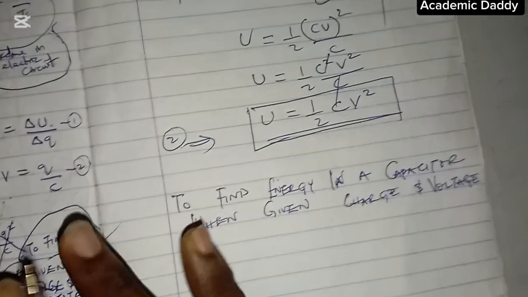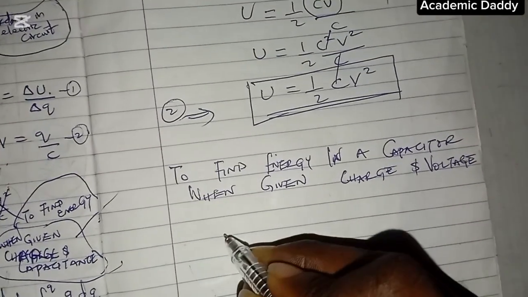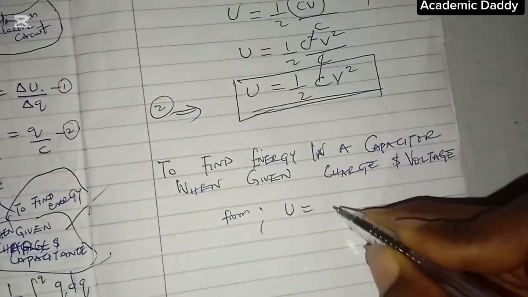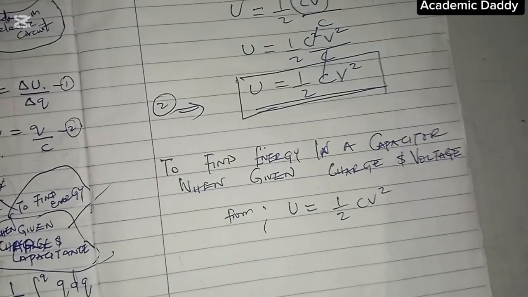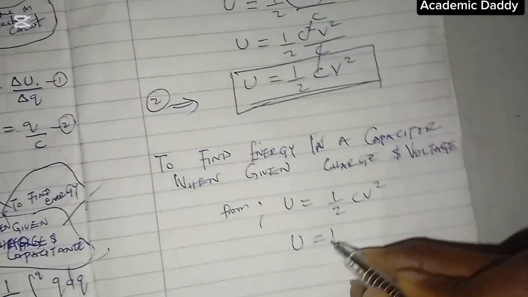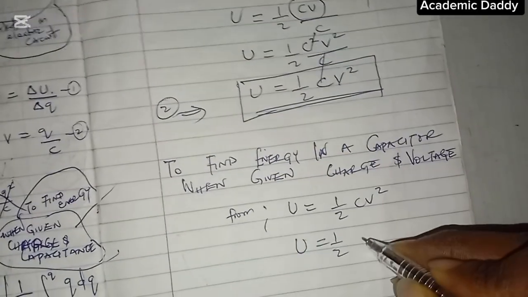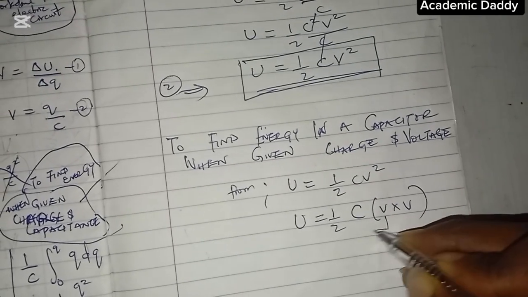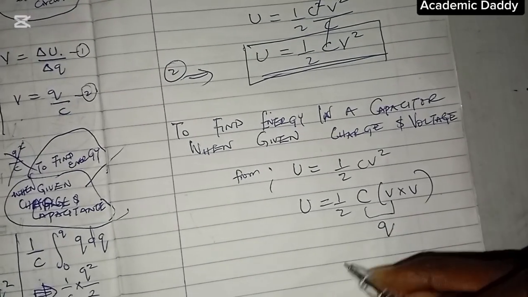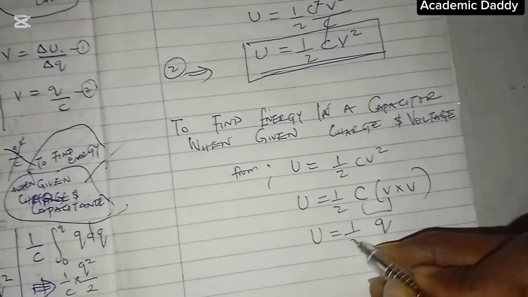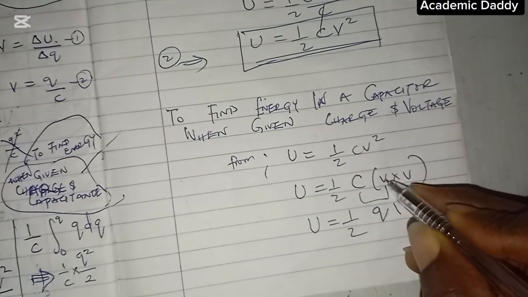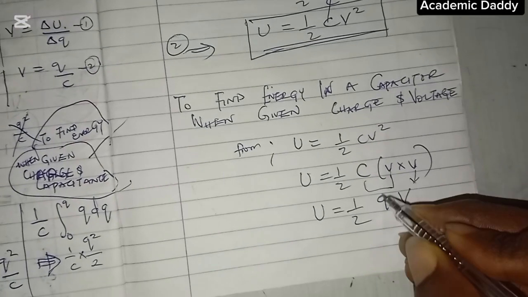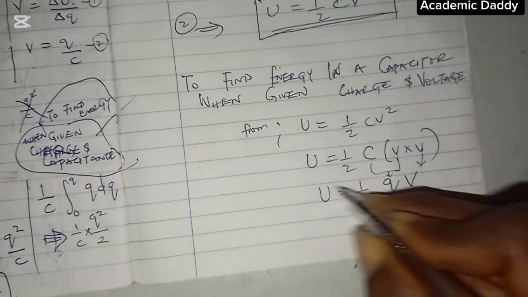If you are given this, you now need to remember that from U equals half CV squared, U is equal to half, this is the same thing as saying C V times V. And notice that these two things mean Q. Q is equal to this. So U is equal to half Q, and then this V. So you need to know this.